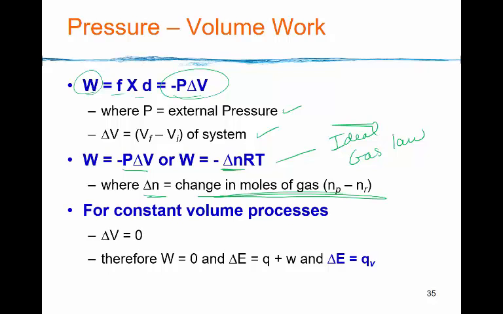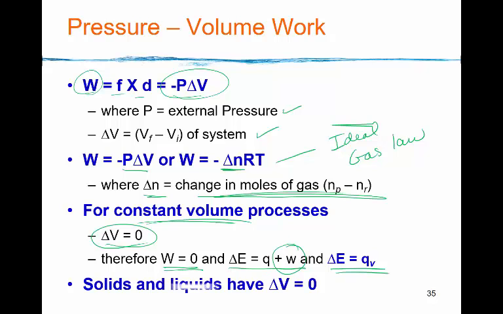So if we have constant volume, the delta V is going to be 0 because you end up with the same volume that you started with. Therefore, work W would be 0. Delta E would be equal to Q plus W. So if work is 0 at constant volume, then delta E at constant volume would be equal to the heat at constant volume.